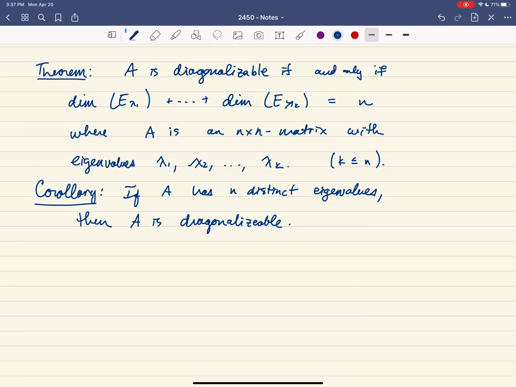I shouldn't have the E in there. There's a little typo there. Diagonalizable. All right. What I want to do then is go through and talk about the different examples that we have seen already.